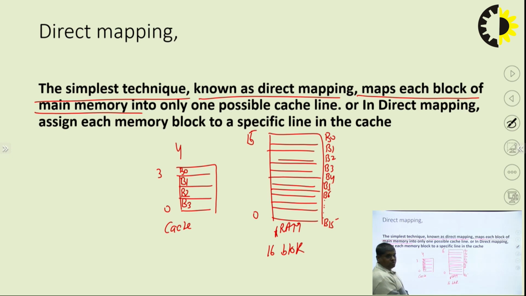What is the procedure for the next mapping? B4 block is accumulated here, B5 block here, similarly B6 block here, and B7 block is mapped here, and so on.